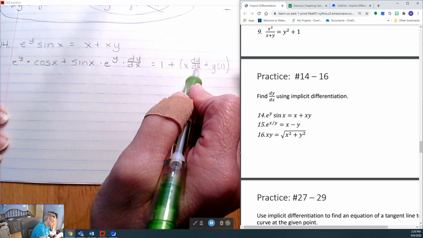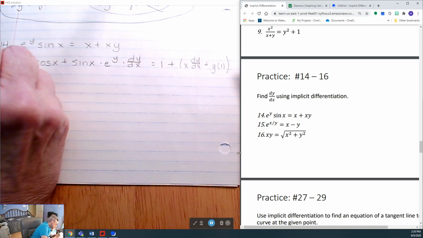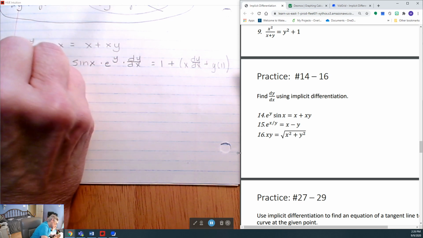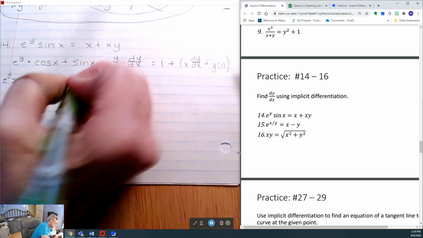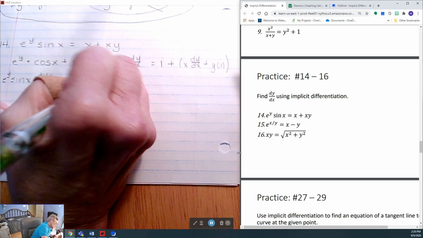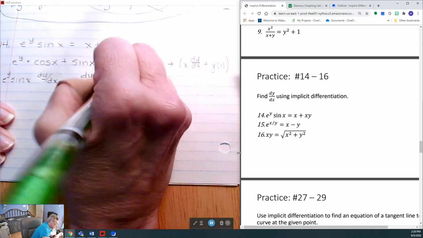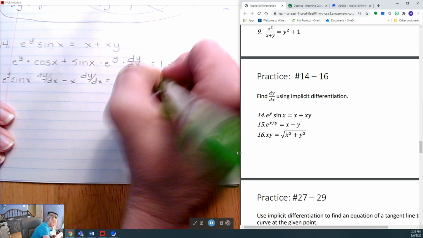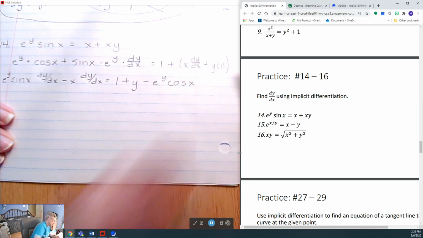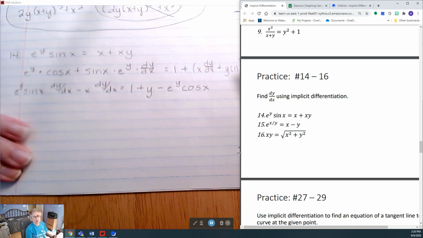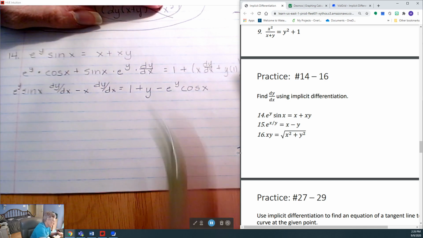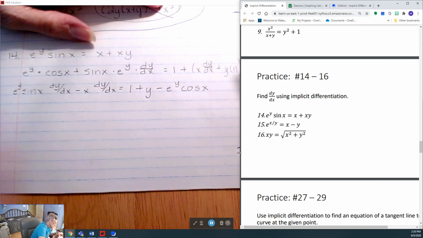I'm going to bring this dy dx over here with e to the y sine of x dy dx minus x dy dx, because over on the right hand side I had a 1 and I had a y, and so I'll subtract e to the y cosine of x. So all of my derivative dy dx's are on one side, my non-derivative functions are on the other side.